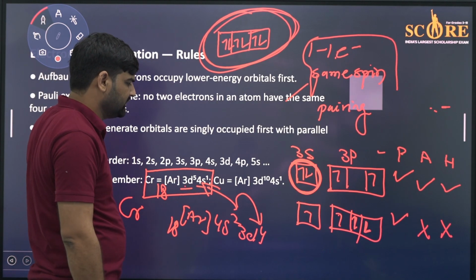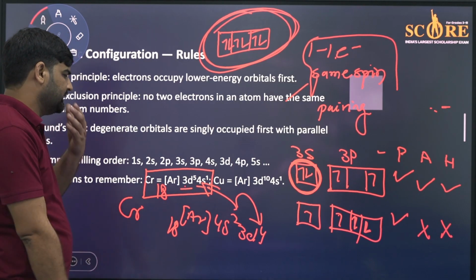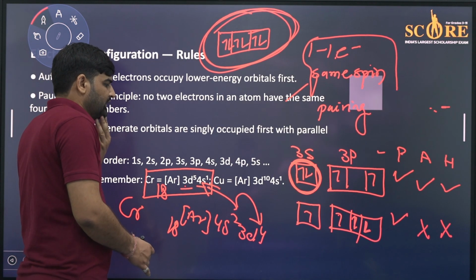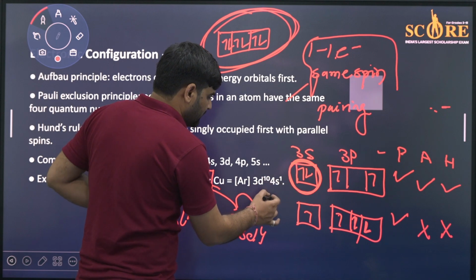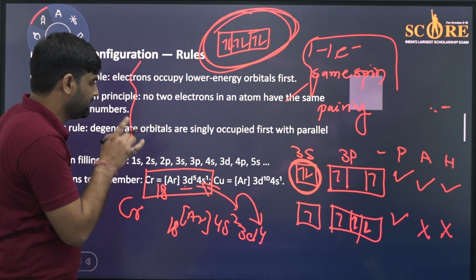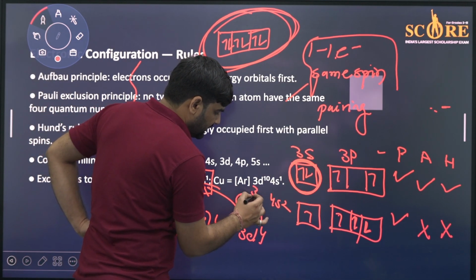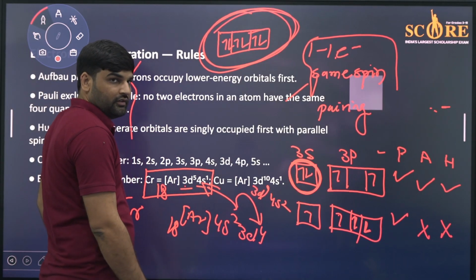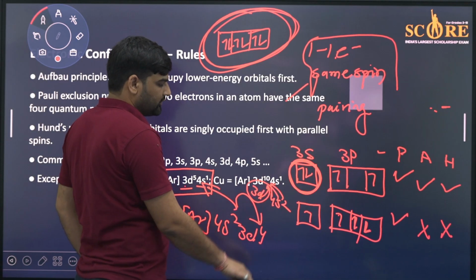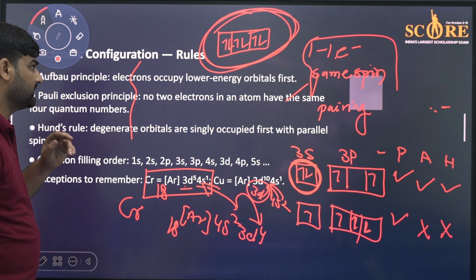Half filled configurations are more stable than normal configurations. And in the case of copper also, theoretically, if we follow these 3 rules, then you will find 4s2 and 3d9, but fully filled configurations are more stable. Then this electron will move this side. These are the electronic configuration exceptions also.